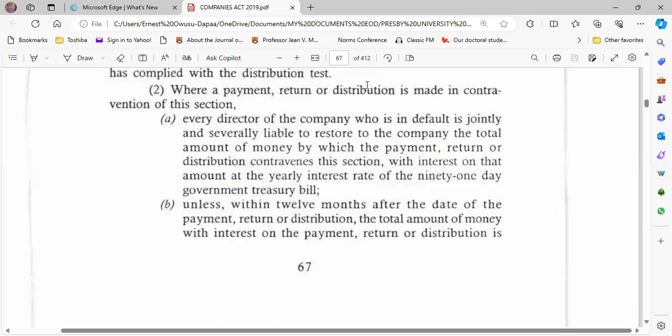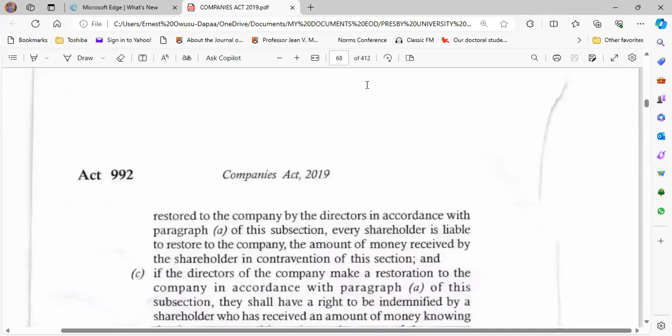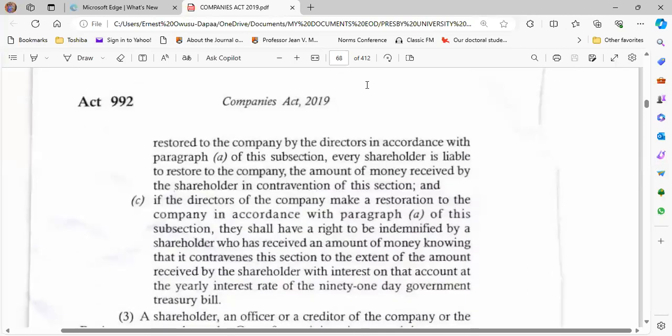And if the restoration is not done by the directors within 12 months, then the shareholders who received the money, each of them will have to pay the money received back to the company. And of course, they too will have to pay interest on it.